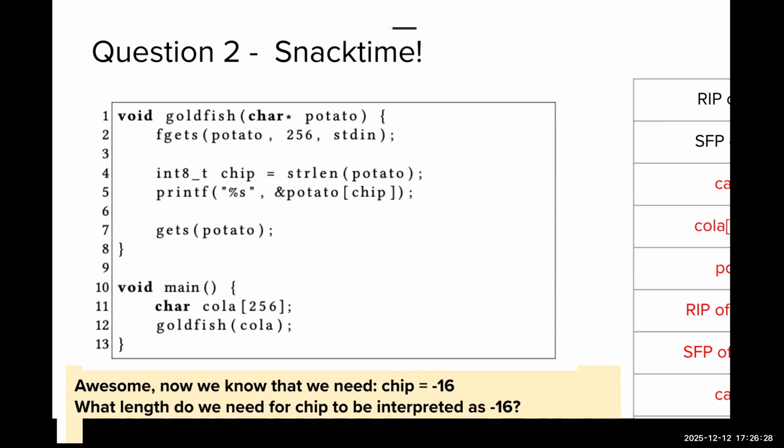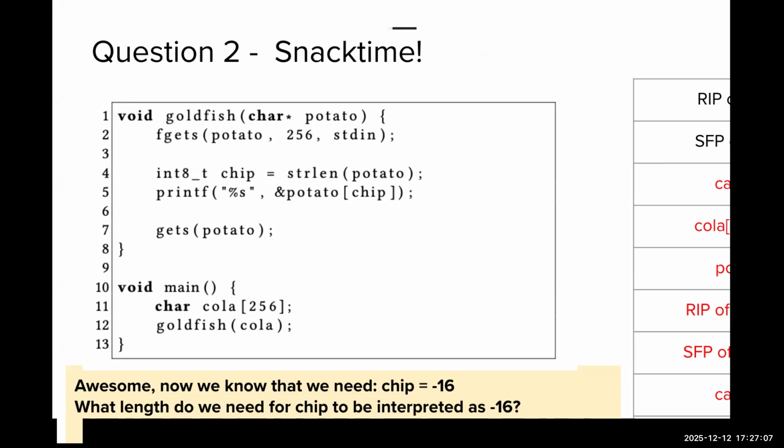The arithmetic is kind of tricky, but basically we're taking the maximum value of an 8-bit unsigned integer, and then subtracting 16, which is the value that we want. And so we get 240. So 240 as an unsigned 8-bit integer, if we convert it into a signed 8-bit integer, is interpreted as negative 16.